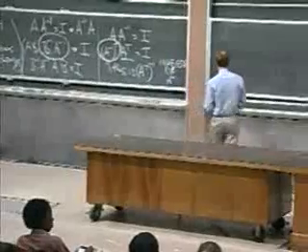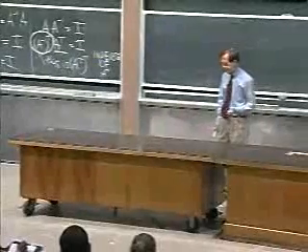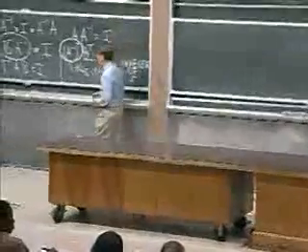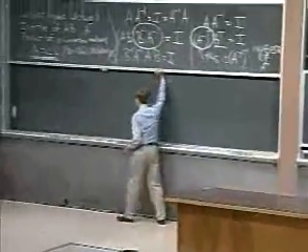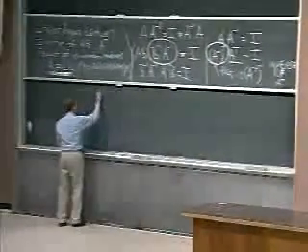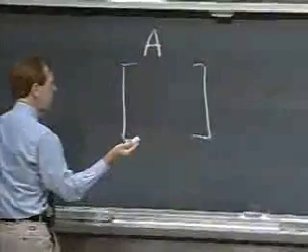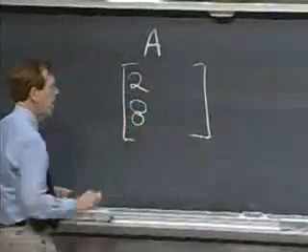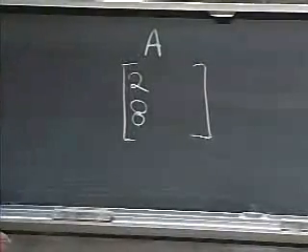Okay. Can I do it for a 2 by 2 first? Okay, 2 by 2 elimination. So let my matrix A be, we'll keep it simple. Say 2 and an 8, so we know that the first pivot is a 2, and the multiplier is going to be a 4.